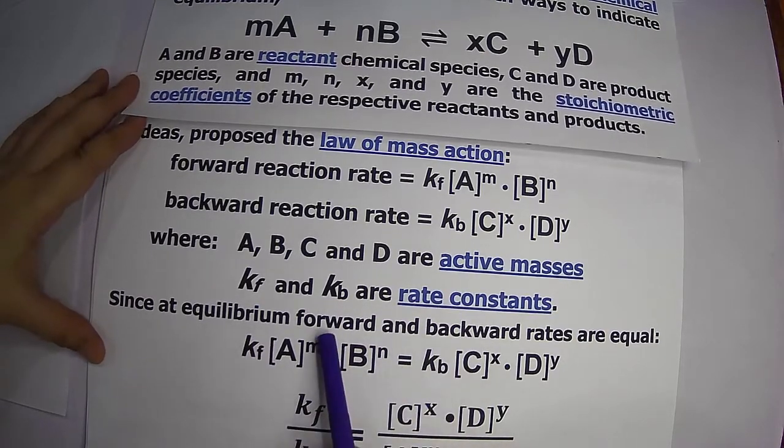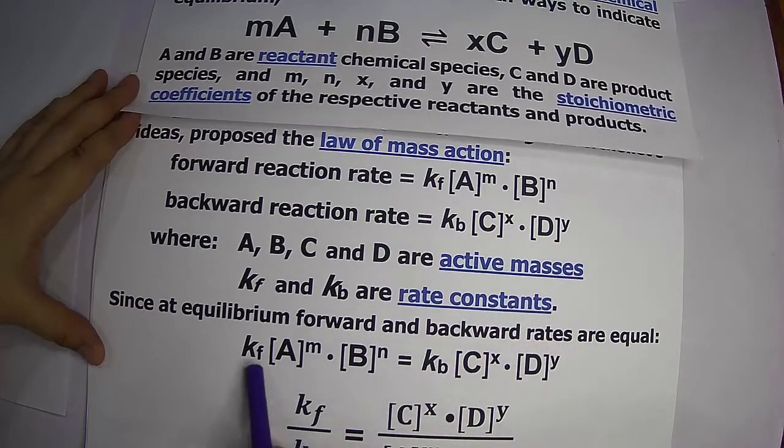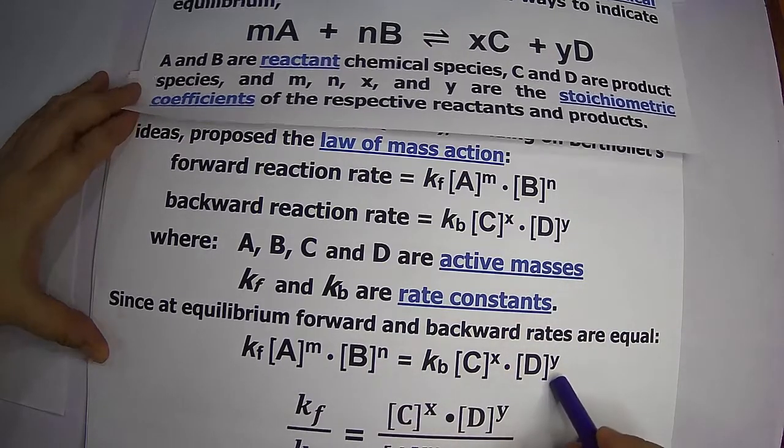Since at equilibrium the forward and backward rates are equal, we can equate these two rates to each other.